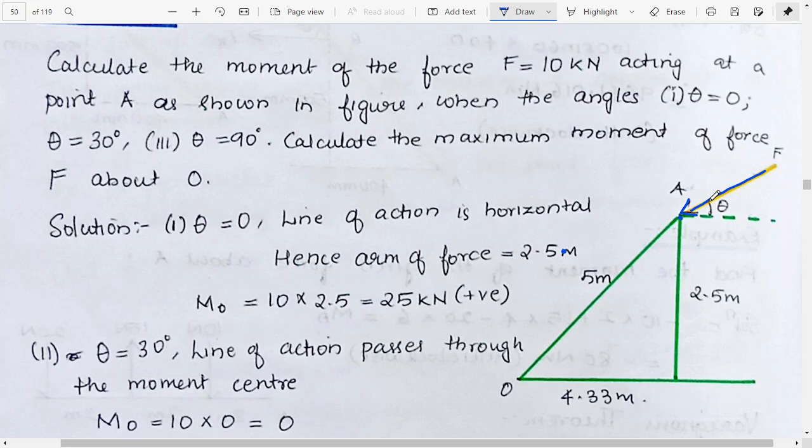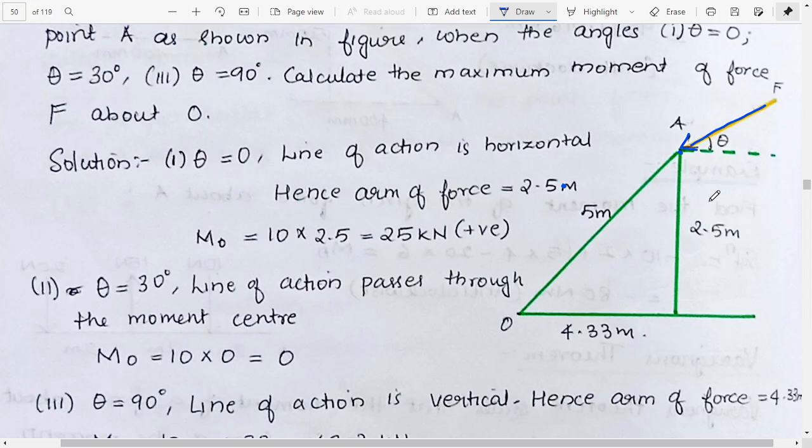Now, in the case when theta is equal to 0, if the force is in this manner, we can just move the force to this side.